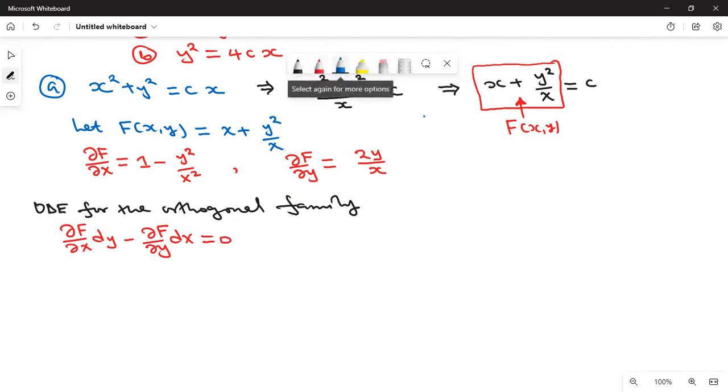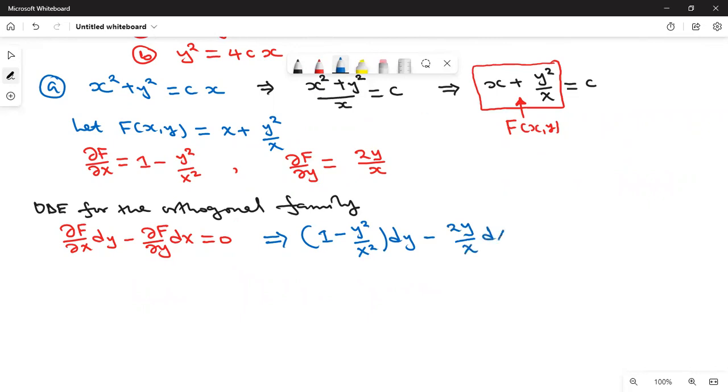If I replace the partial derivatives, what do we get? We'll have here 1 minus y squared over x squared dy minus 2y over x dx is equal to 0. So this equation, is it separable?